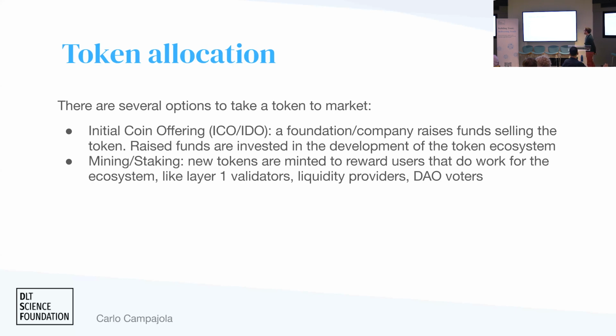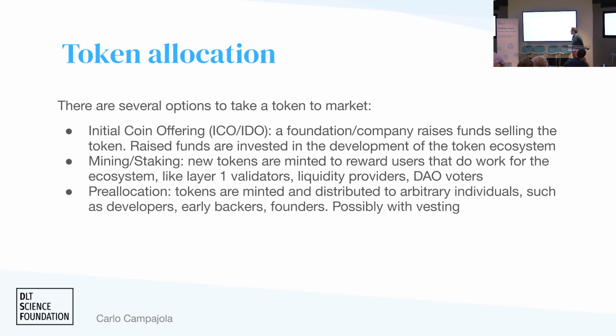So new tokens are minted, and they're used to reward users that do work for the ecosystem. This may be layer one validators, but not only. Uni tokens are minted to reward liquidity providers, or will be actually. Curve tokens are minted to reward liquidity providers, or DAO voters. So mining and staking is also an option for you.